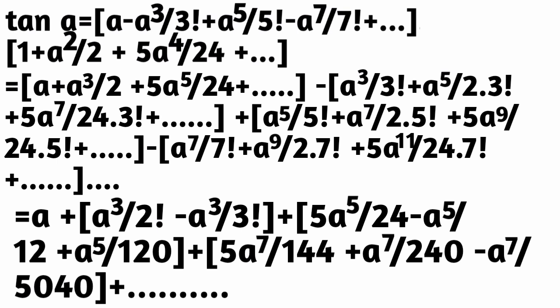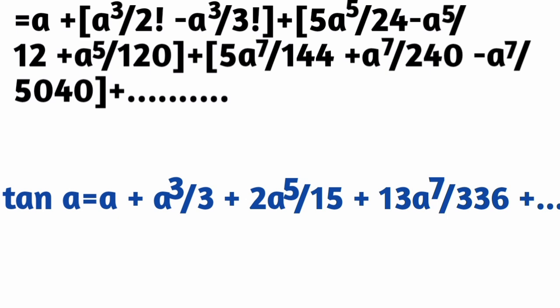So by simple calculation, taking the LCM of each equal degree term and further simplification, we reach the value of tan alpha, which is equal to alpha plus alpha power 3 divided by 3 plus 2 alpha power 5 divided by 15 plus 13 alpha power 7 divided by 336 plus ... up to the infinity term.